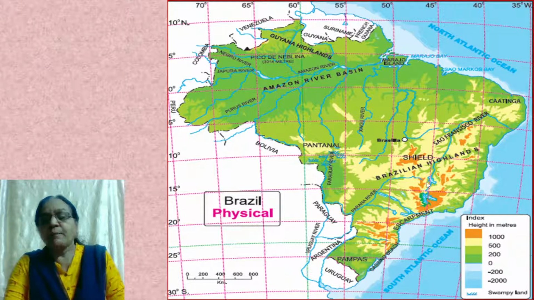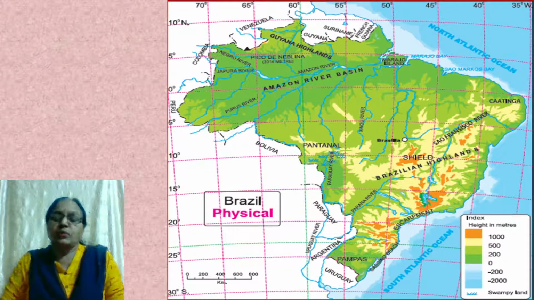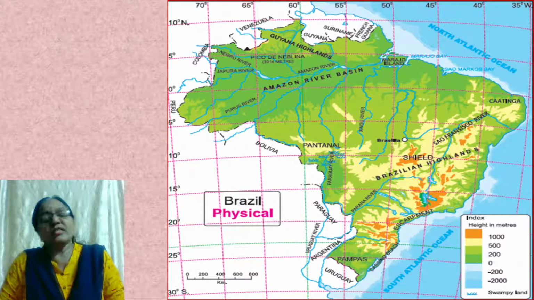Now compare that with India. If you take the mountains in India, for example the Himalaya mountains, most of its ranges will be above say 6,000 meters. Compare that with Brazil.